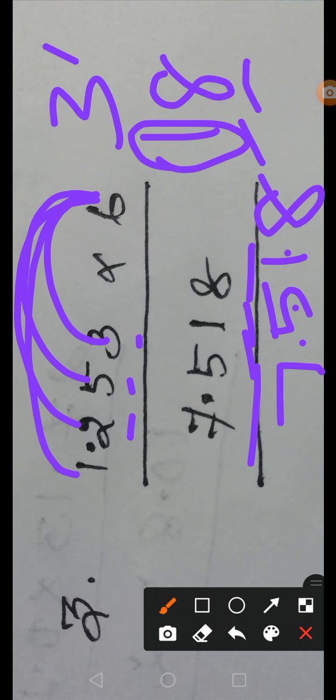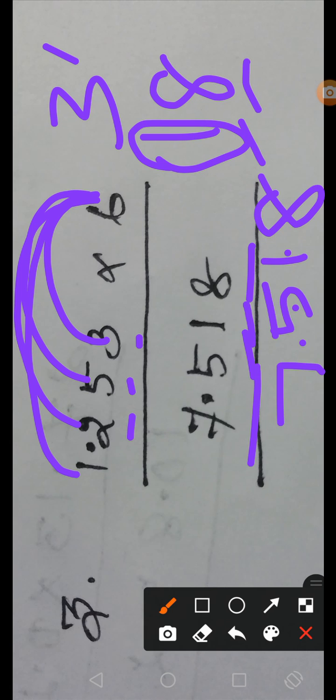So we get the solution 7.518. We find the product of the given numbers, and after that, finally, we put the point.